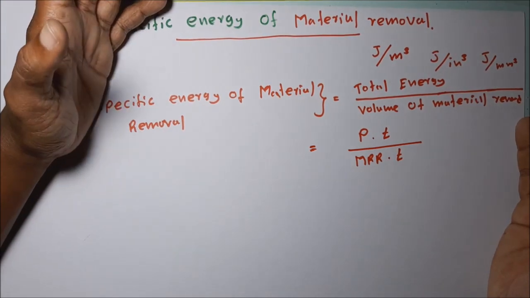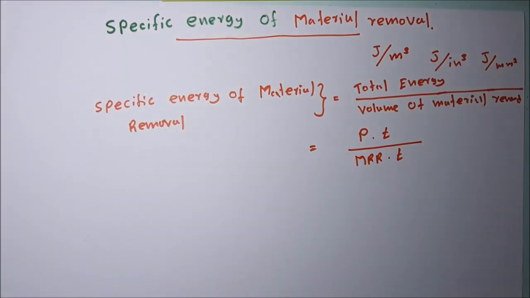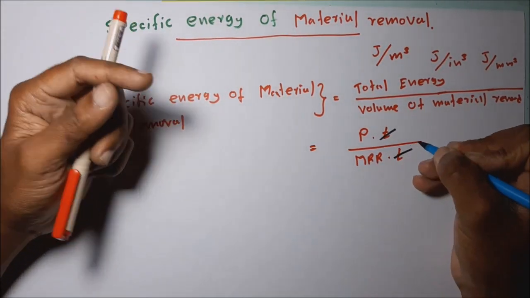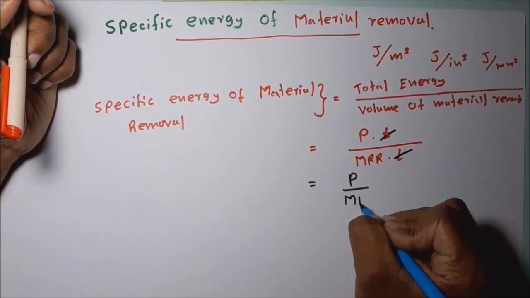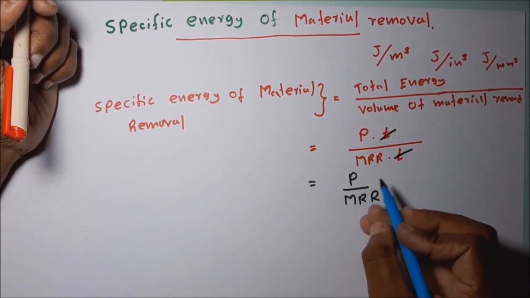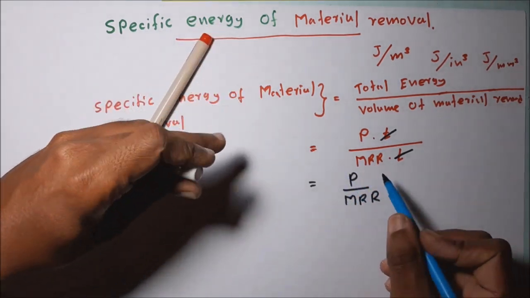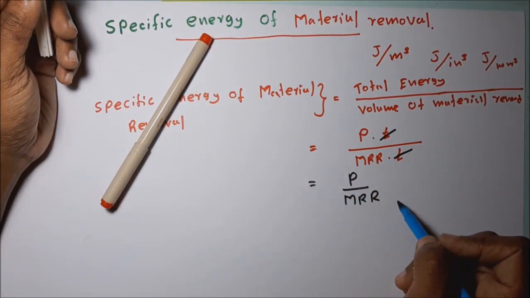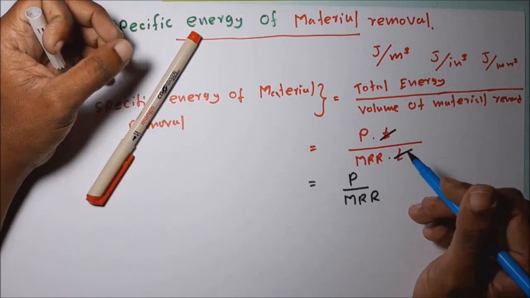Then we can cancel the common term T, and we get P divided by the material removal rate: the machining power divided by the material removal rate. Then we get the specific energy of material removal.